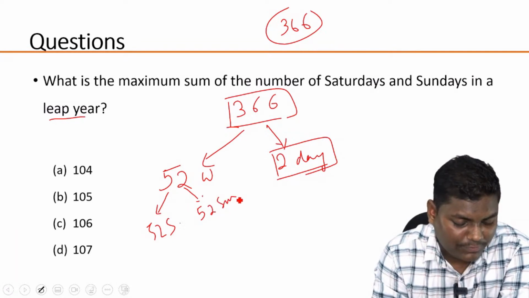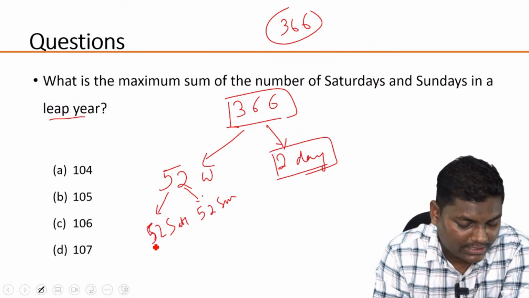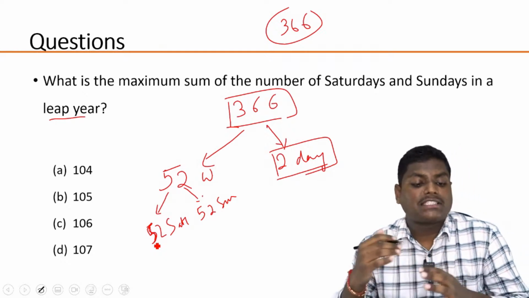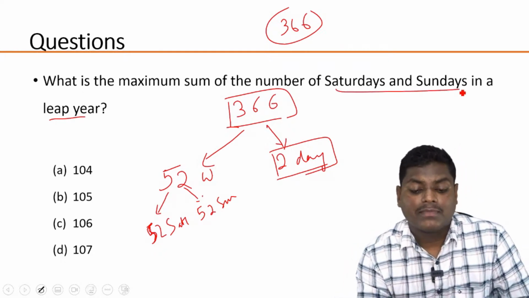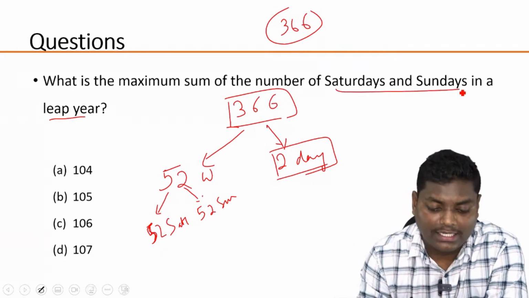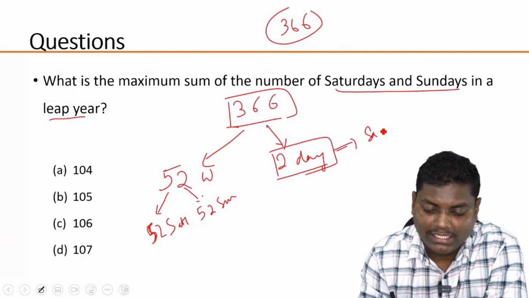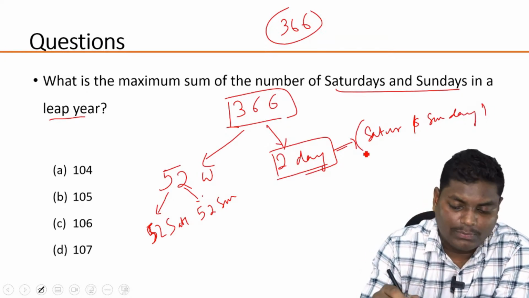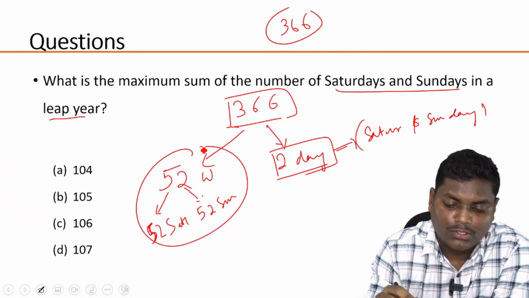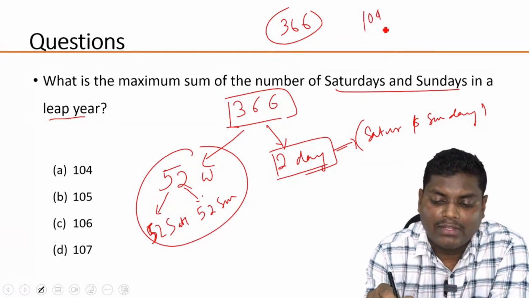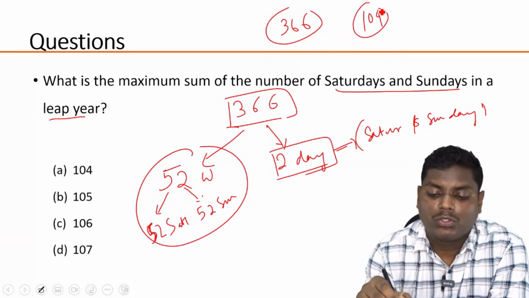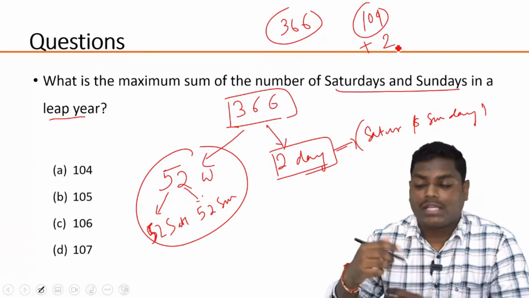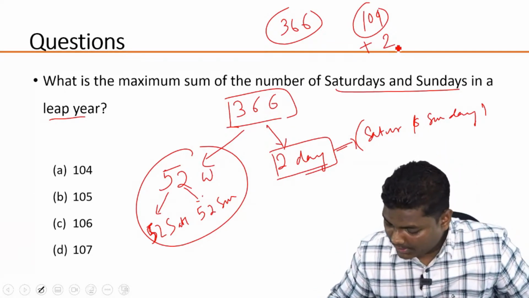So what is the maximum number of Saturdays and Sundays we can get? Because Saturdays and Sundays are consecutive, we can have a combination where Saturday and Sunday come together. So for these 52 weeks, we'll have 52 plus 52, 104, plus 2 days. Those 2 extra days can be used.